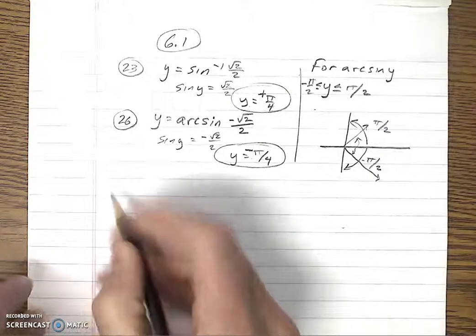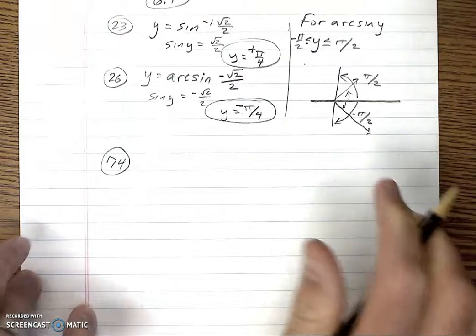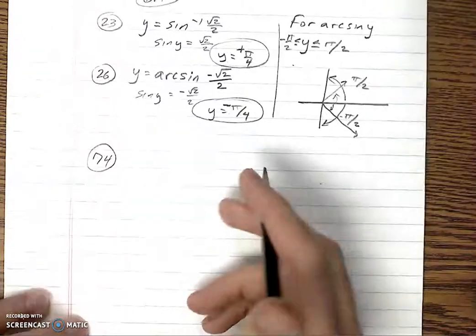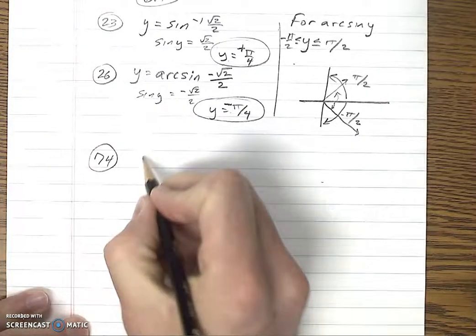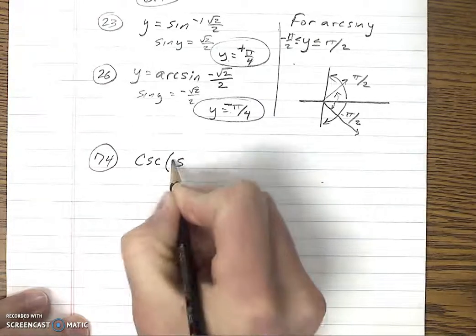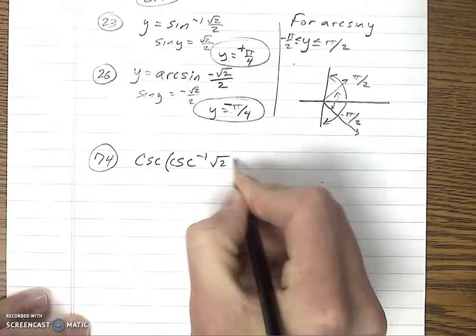Now, we can move on and let's take a look at number 74. Number 74 says to give the exact value without using a calculator of what we have here, the cosecant of the inverse cosecant of the square root of 2.